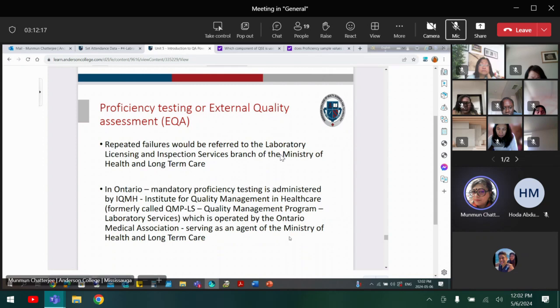So the Ontario Medical Association is the main team responsible for proficiency testing and quality management in Ontario. You have to remember this name, IQMH. The Ministry of Health and Long-Term Care gives the responsibility to the Ontario Medical Association for quality management in healthcare, mainly in Ontario.